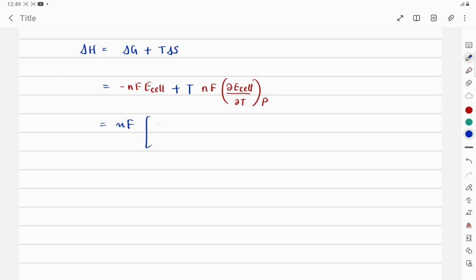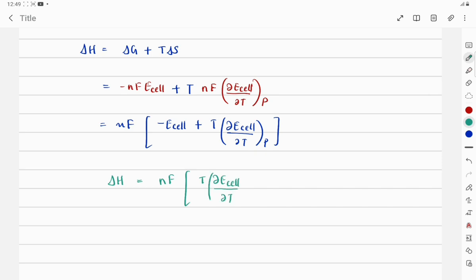You have minus E cell plus T into dou E cell by dou T at constant pressure. So if I write it separately, I will have delta H is equal to NF into T dou E cell by dou T at constant pressure minus E cell.